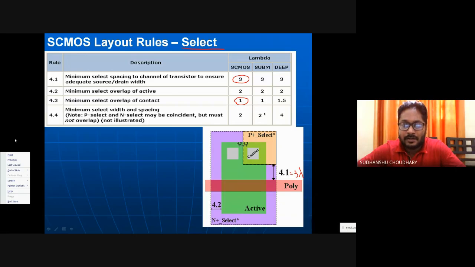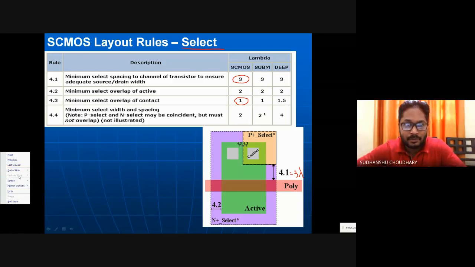All layout editors are more or less similar. Since the lab is not currently accessible to you, you should not stop your learning process. So I will share a student version copy of one of the software, and all layout design software are similar.